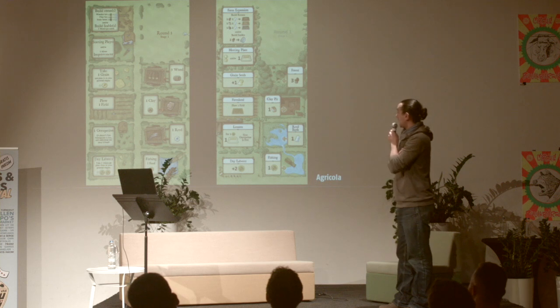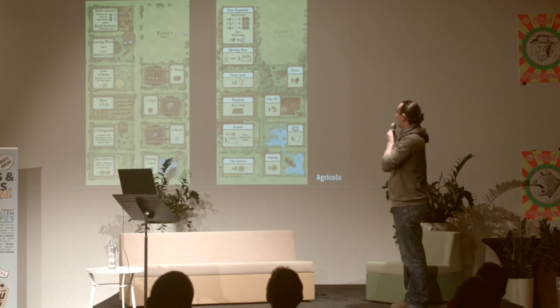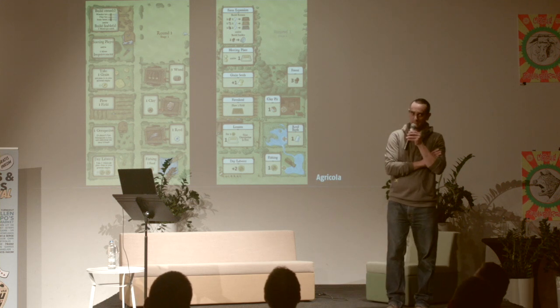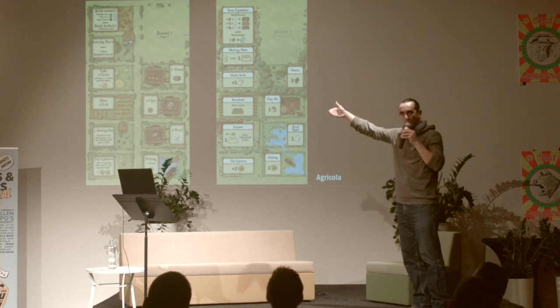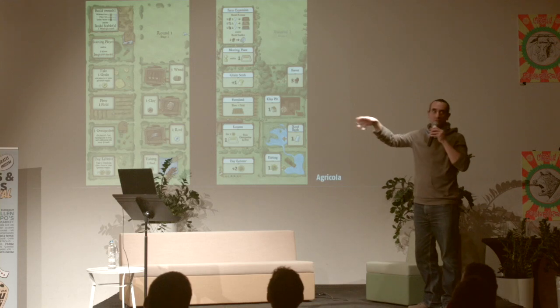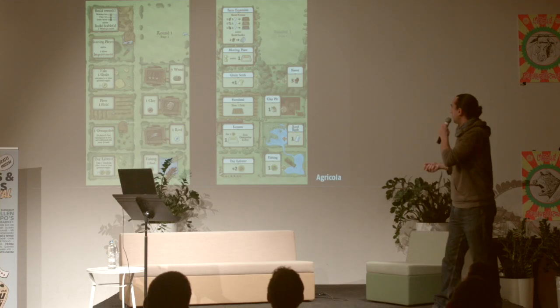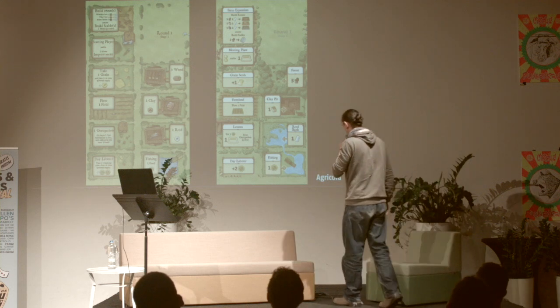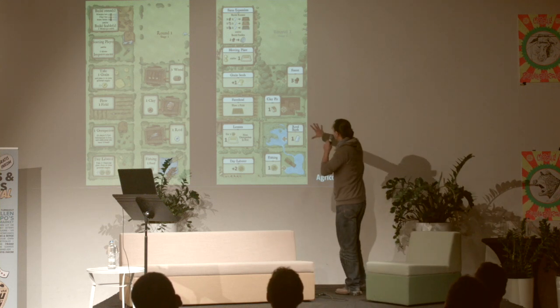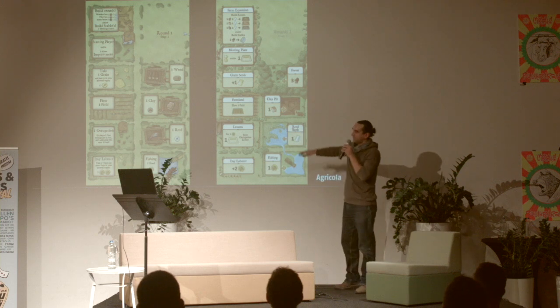And what we did as well, or what the designer did, he named the fields. The original fields had a theme below them with the illustration, but it's 1 clay, 3 wood, 1 reed. Now we have a forest. What do you do in the forest? You get wood. We have the clay pit. What do you get in the clay pit? You get the clay. And we have the reed bank and the fishing, and they are even connected.